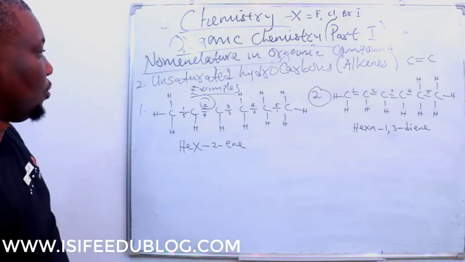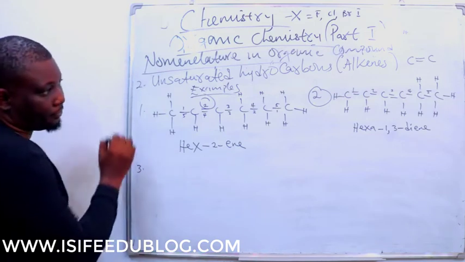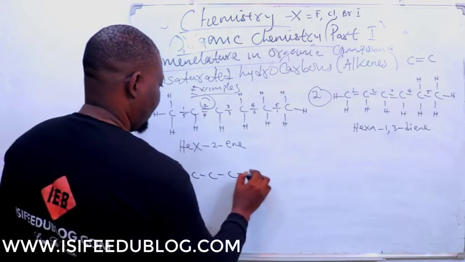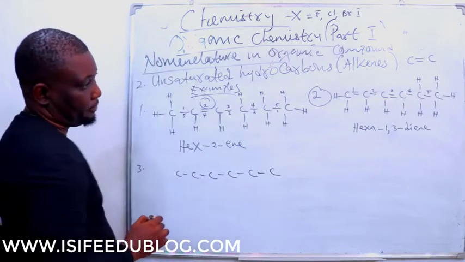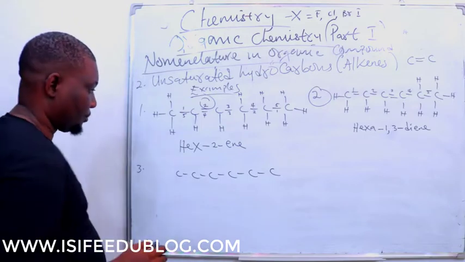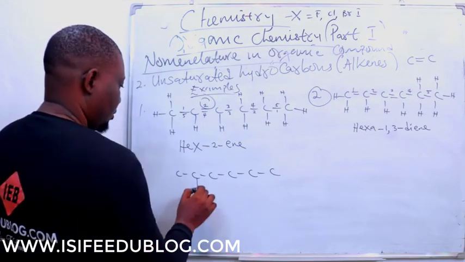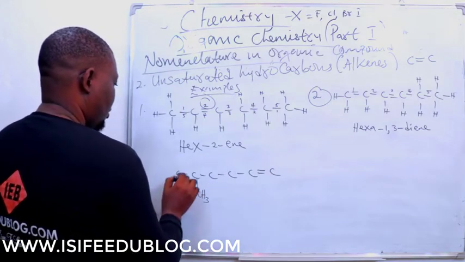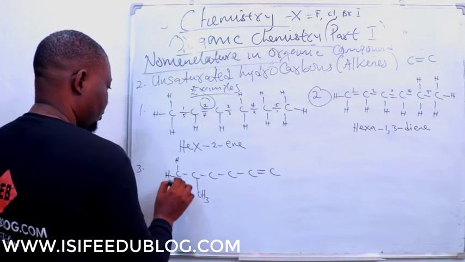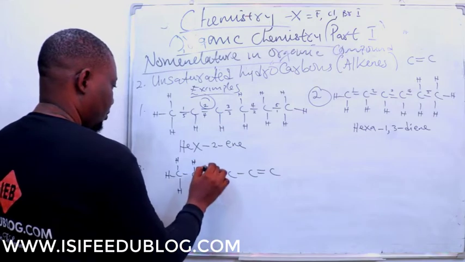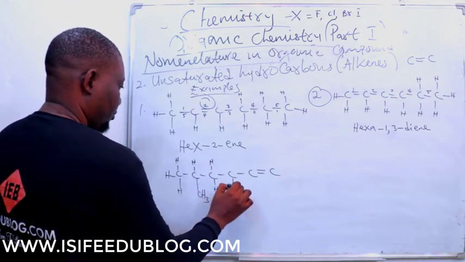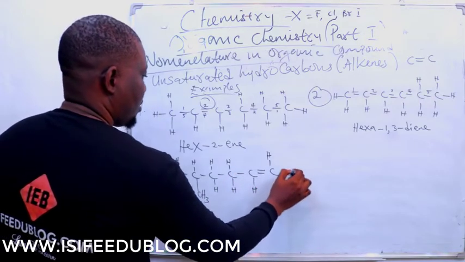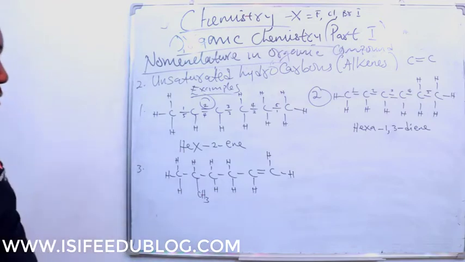Very correct. So in example 3, let's look at another structure in this manner. 1, 2, 3, 4, 5, 6. And then we have here, okay, how do we name this organic compound?